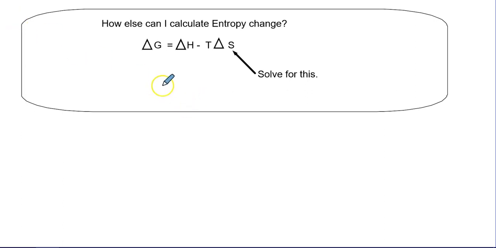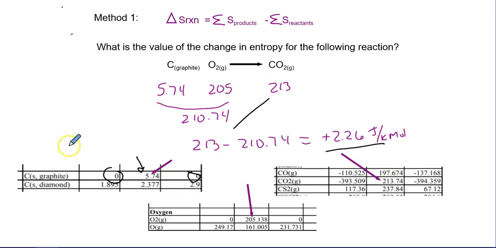All right, how else can I calculate entropy? Well, with this formula, as long as you're given these values, then you can solve for this one. That should be self-explanatory. A couple things I might mention to remind you: this one is in kilojoules, this one is in kilojoules, but entropy is in joules.